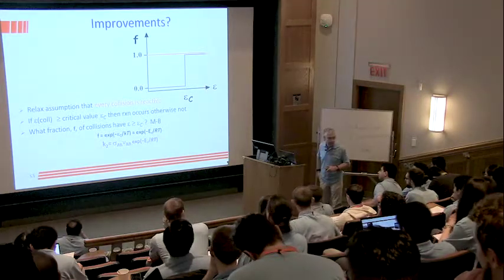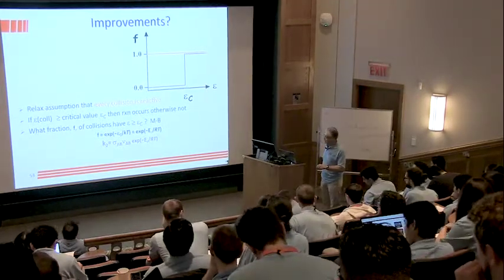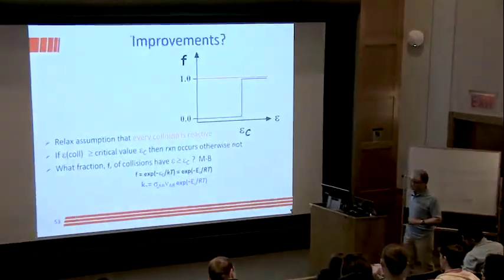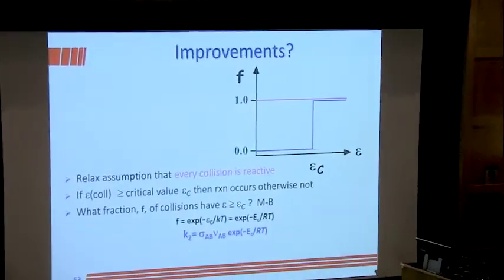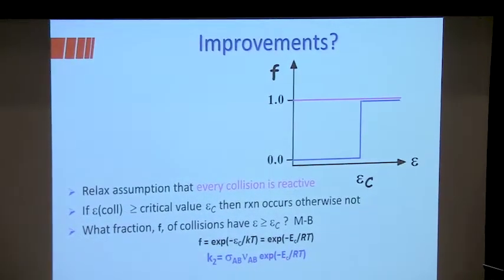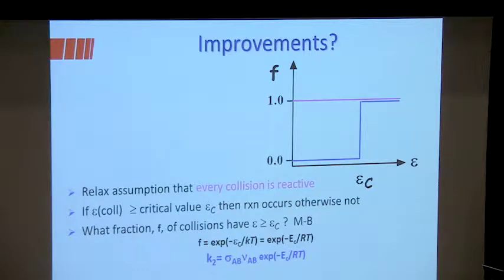On a molar level, it's equal to minus EC all over RT. So now we have the rate constant is equal to sigma AB, nu AB, times the exponent of minus EC over RT from simple collision theory. And now this is our A e to the minus EA over RT.